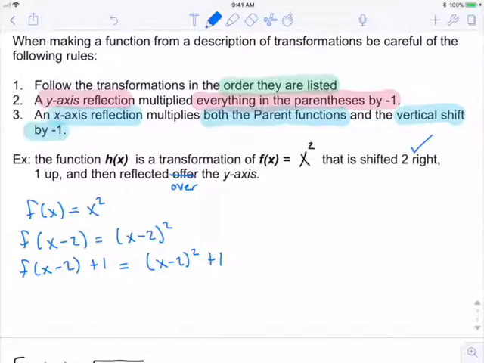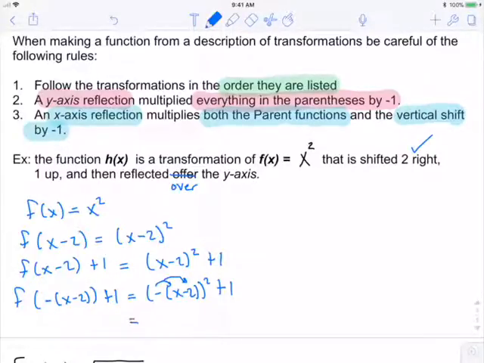And then we'll reflect this over the y-axis, which means we're changing the x values. So everything inside the parentheses gets multiplied by negative 1. So this is negative x minus 2 squared plus 1. And the negative gets distributed to both terms here.